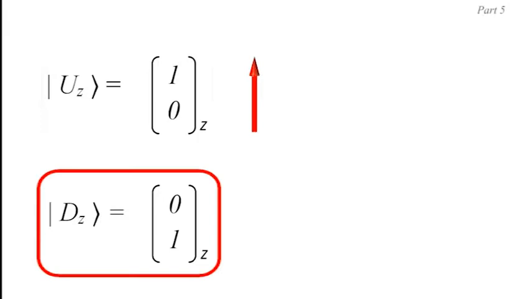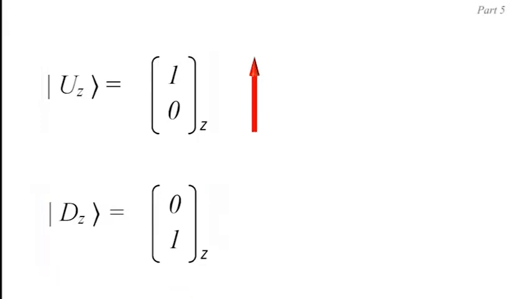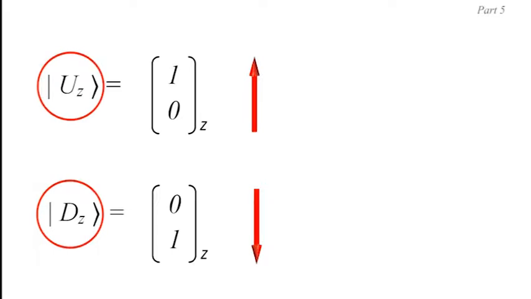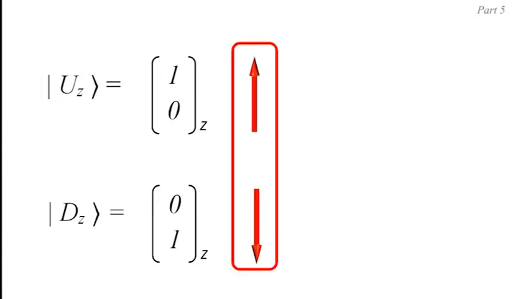And this state vector in Hilbert space is for spin down. These two state vectors are definitely orthogonal to one another, kind of at 90 degrees to one another in Hilbert space. But in real space, the spins that they represent are definitely not at right angles.